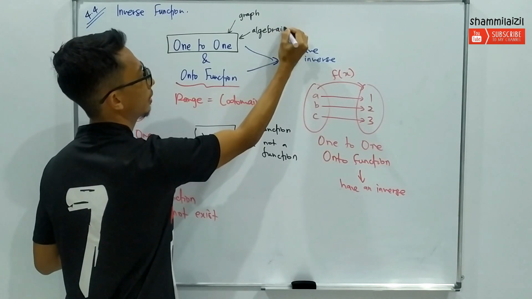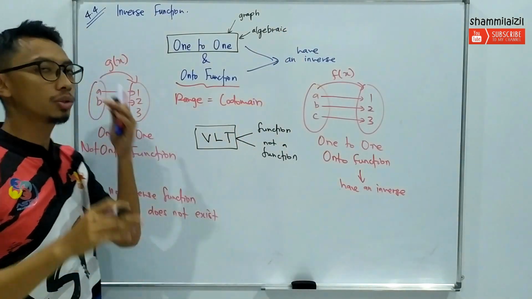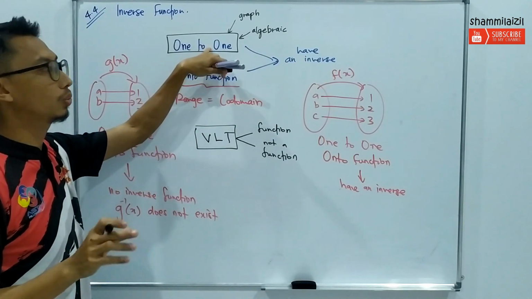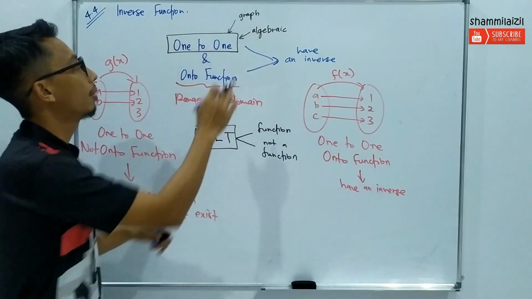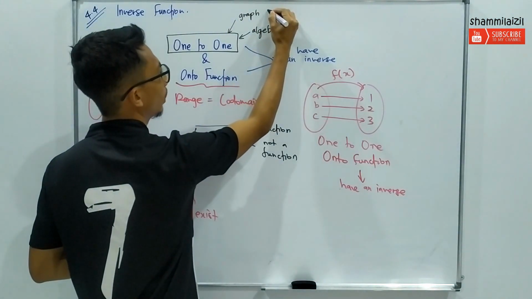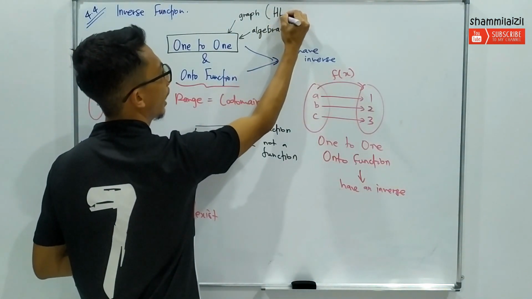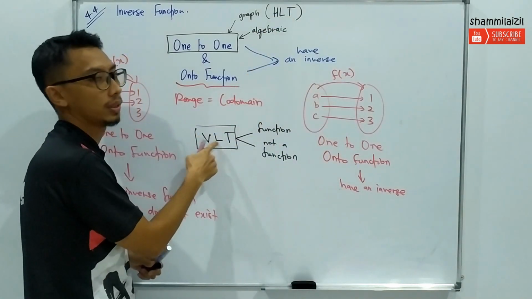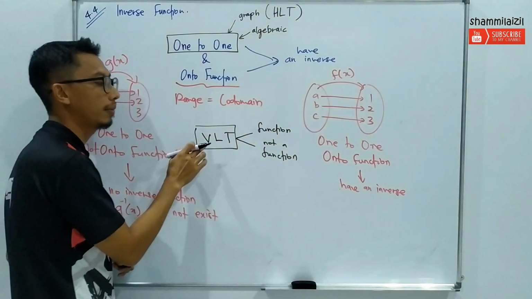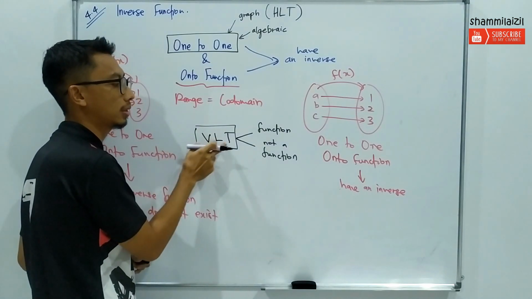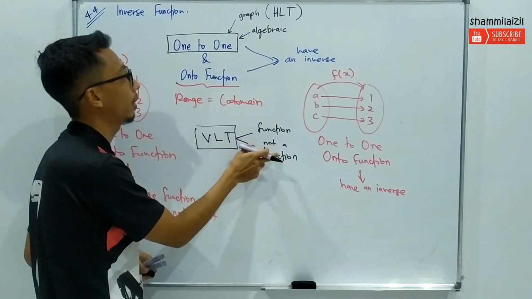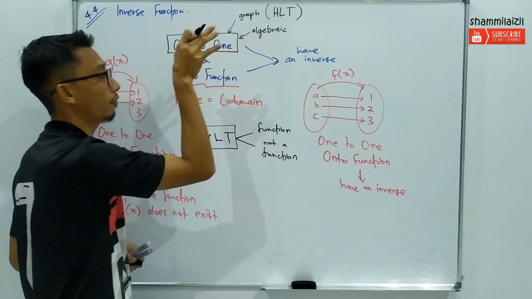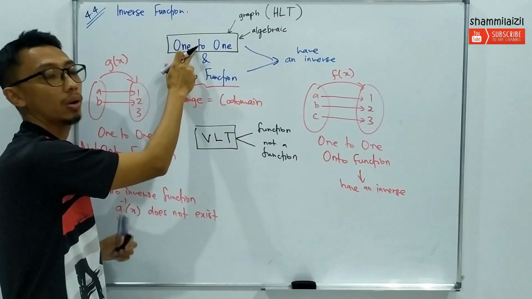What does it mean? If you are given a graph, you can spot whether the graph is one-to-one or not by using the graphical method. How? For the graphical method, we use HLT, the horizontal line test, instead of the vertical line test. Please bear in mind that you do the vertical line test to test whether it is a function or not, and the horizontal line test to test whether the function is one-to-one or not.